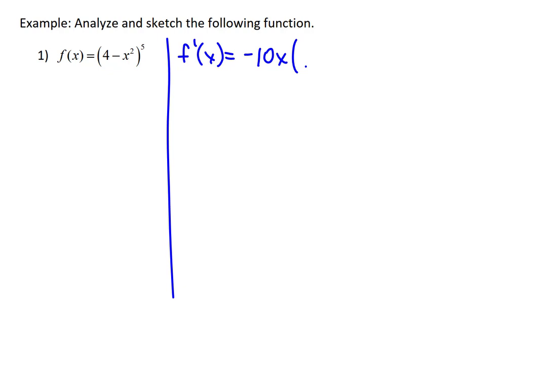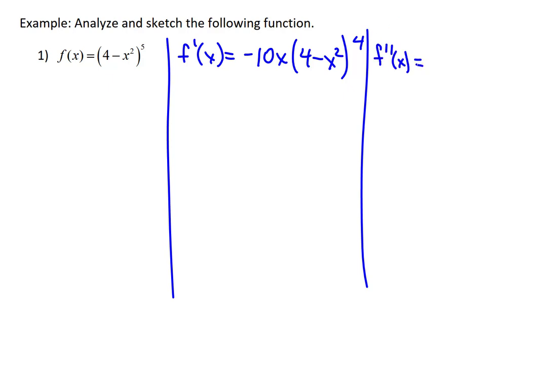The first derivative of this function will be negative 10x times 4 minus x squared all to the power of 4. That's already simplified using the chain rule, as we know by now. And then in the third column, we'll find the second derivative, so f double prime of x.